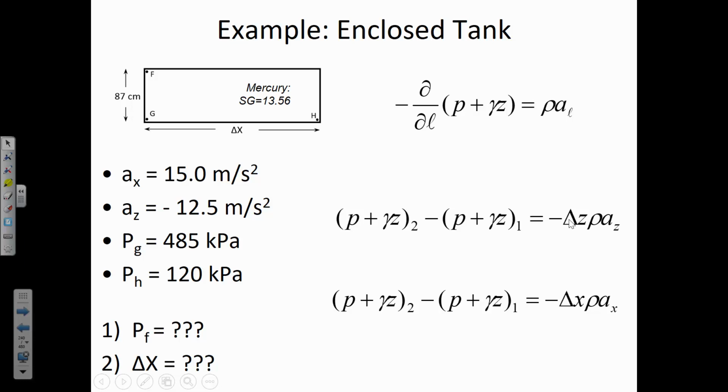But then there's this additional acceleration, and we're accelerating downward at negative 12.5 meters per second squared. All right, so let me stop talking. I'll pause the recording here and I'd like you to first of all find the pressure at F and then see if we can find out what's the distance x. So how far apart are G and H given those pressures that we already know?